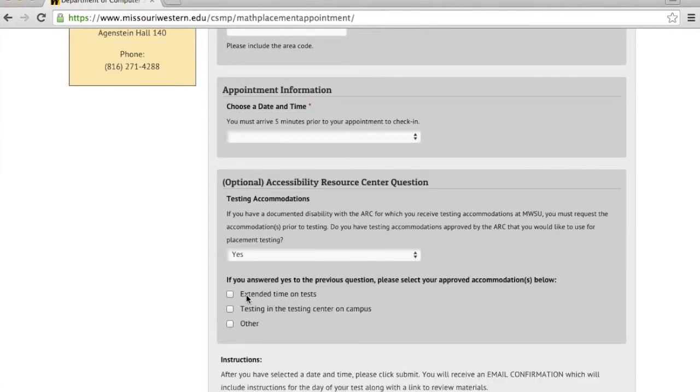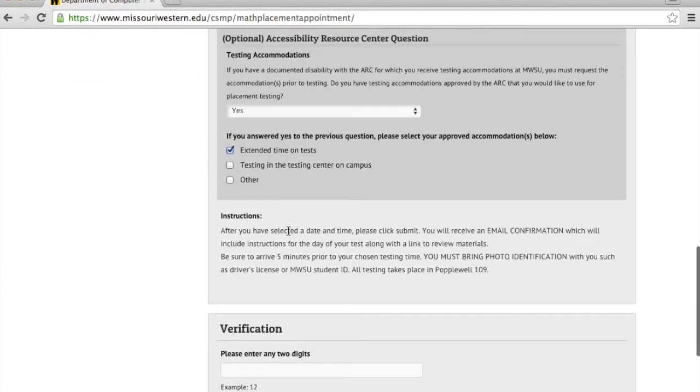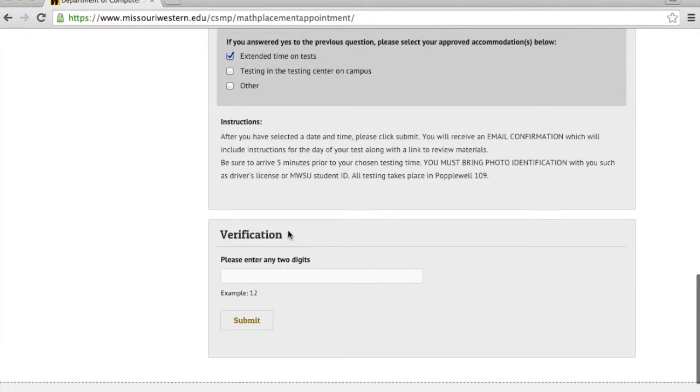If you need some accessibility options like extended time, it is your responsibility to contact the Accessibility Resource Center prior to examination to make sure that it is in the system to give you extra time. After that, submit this application and you should get an email back momentarily confirming your appointment. Please bring a photo identification for the exam and turn up about 5 minutes early.